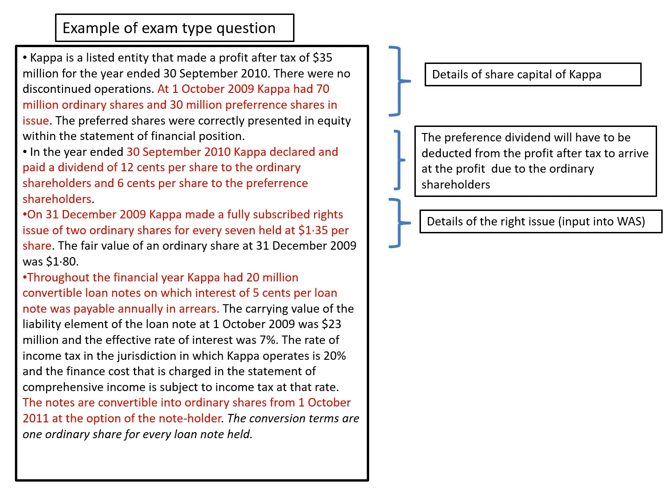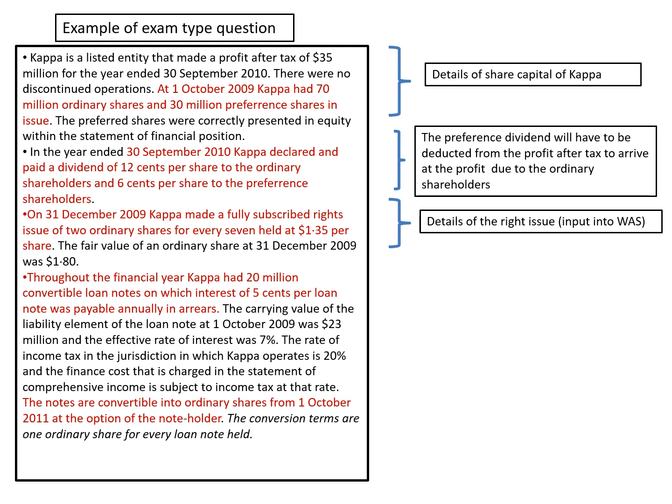Now, throughout the financial year, Kappa had 20 million convertible loan notes on which interest of 5% per loan was payable annually in arrears. The carrying value of the liability element of the loan note at 1st of October 2009 was 23 million, and the effective rate of interest was 7%.